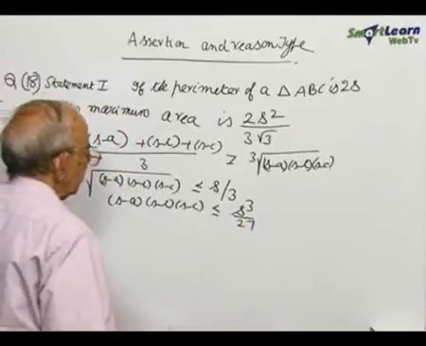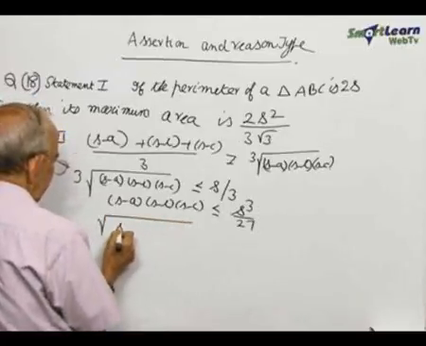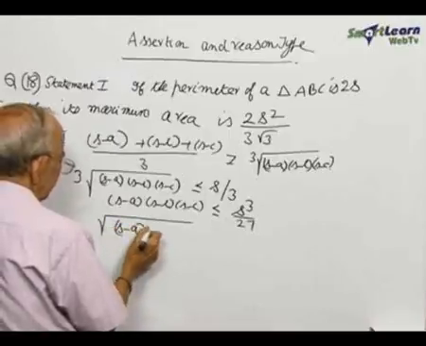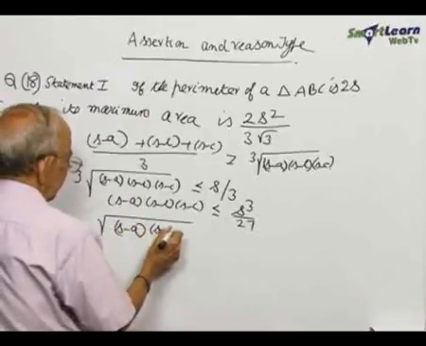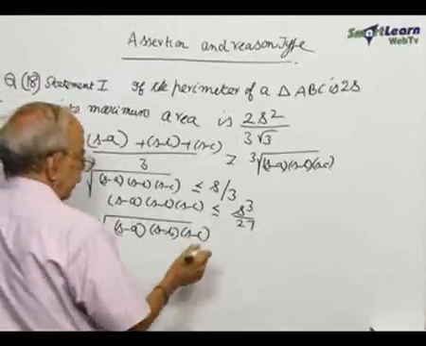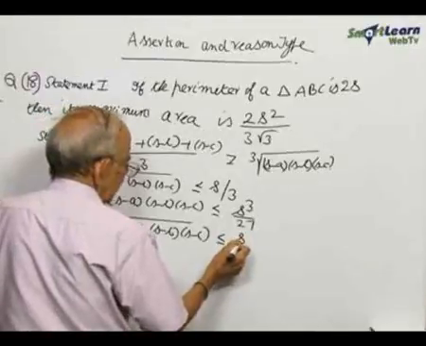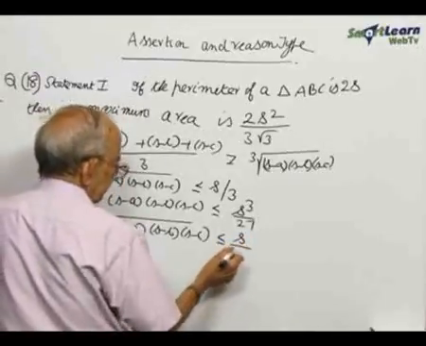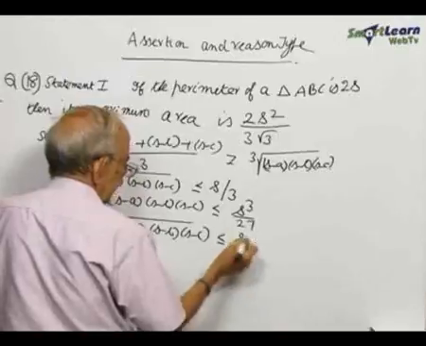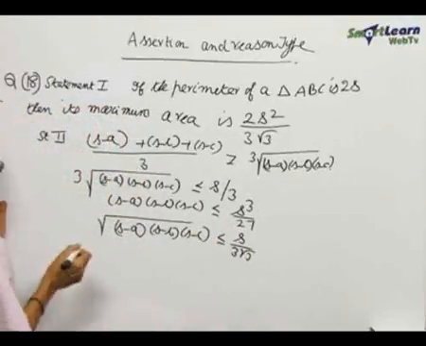Take the square root. So, root of (s minus a) into (s minus b) into (s minus c) less than or equal to s by 3 root 3. Multiply by root s on both sides.